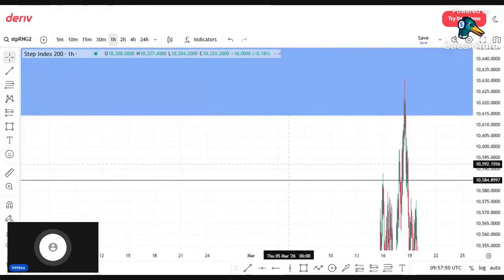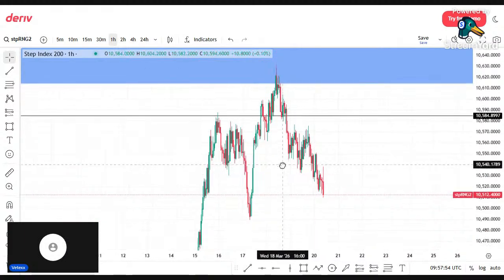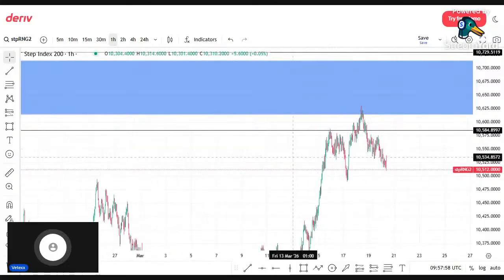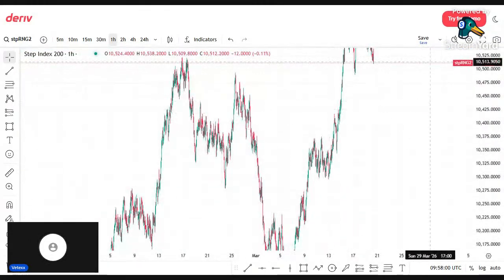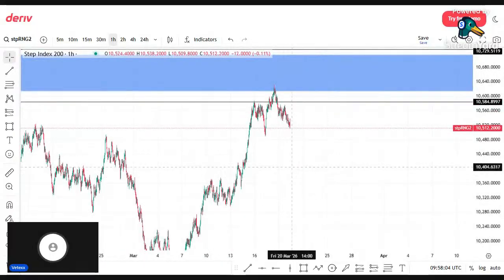On the 1-hour time frame, we currently do not have a continuation setup on step 200. So we'll wait this out and see if it's going to give another continuation before price taking out the overall target. So this is what we have on step 200.